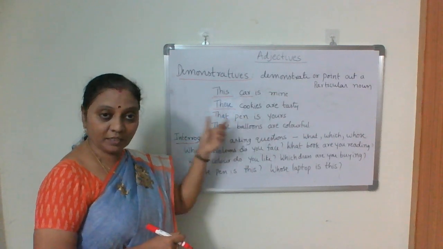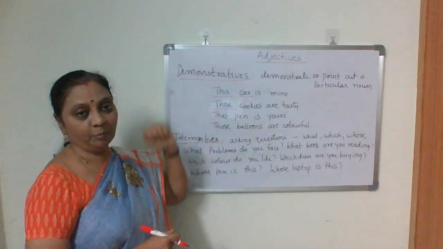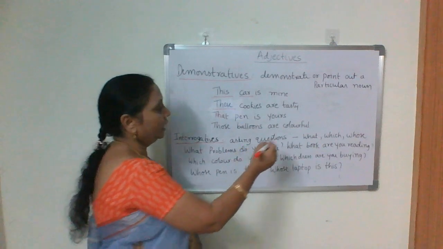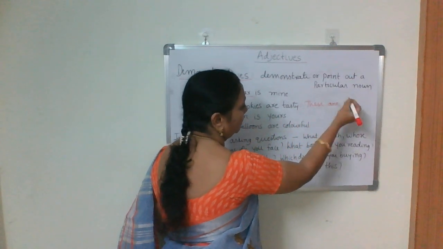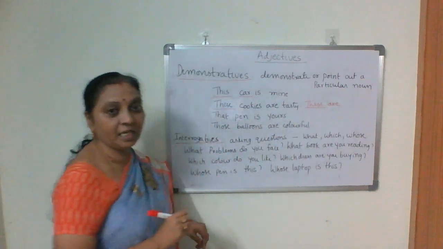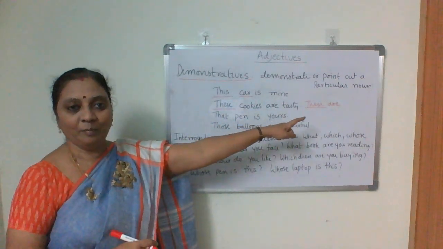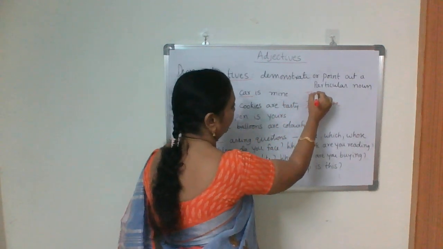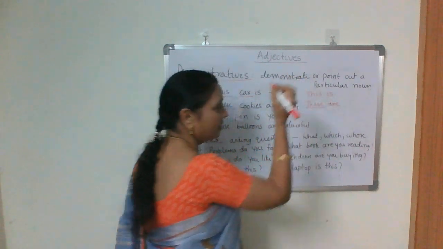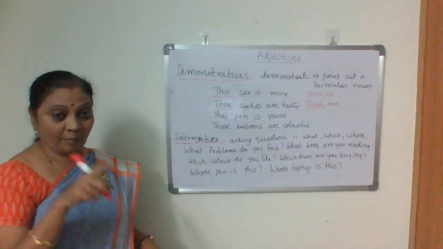So these cookies becomes a demonstrative adjective. Suppose I say these are tasty cookies, these are, then these becomes a demonstrative pronoun. Okay, here also this is, then it becomes a demonstrative pronoun.